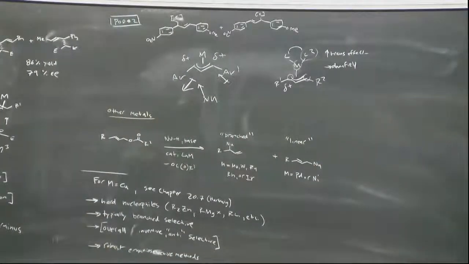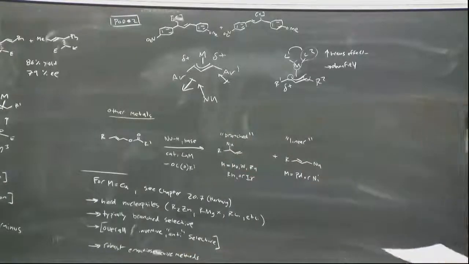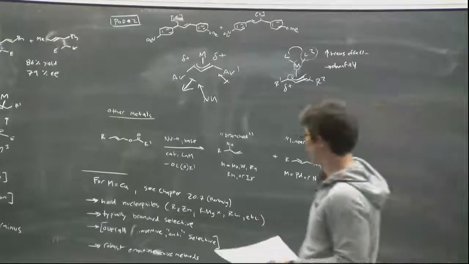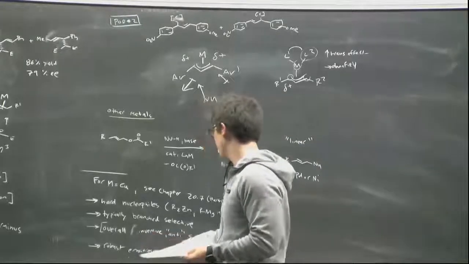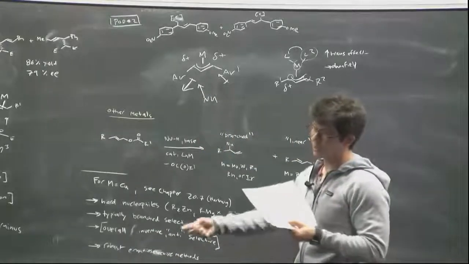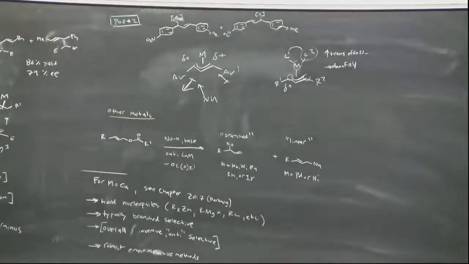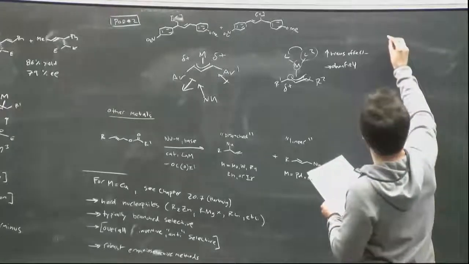Say it again. Sorry, this is a robust enantioselective method. Overall it's invertive, and another way to describe that is to say it's anti-selective, meaning that the nucleophile is installed anti to where the outgoing leaving group is. So thanks for asking that clarifying question.